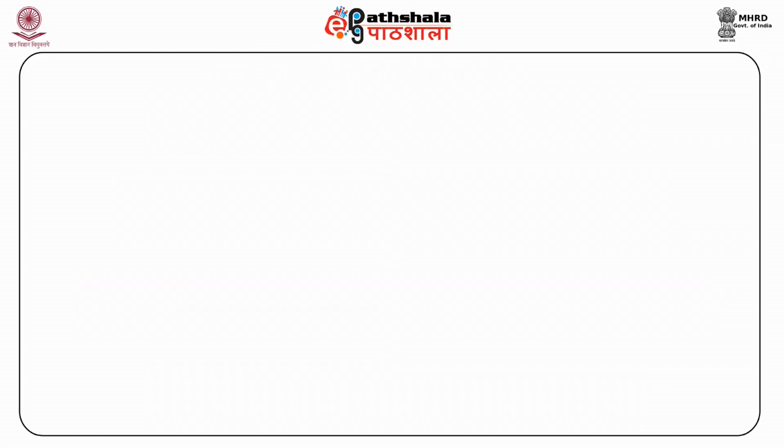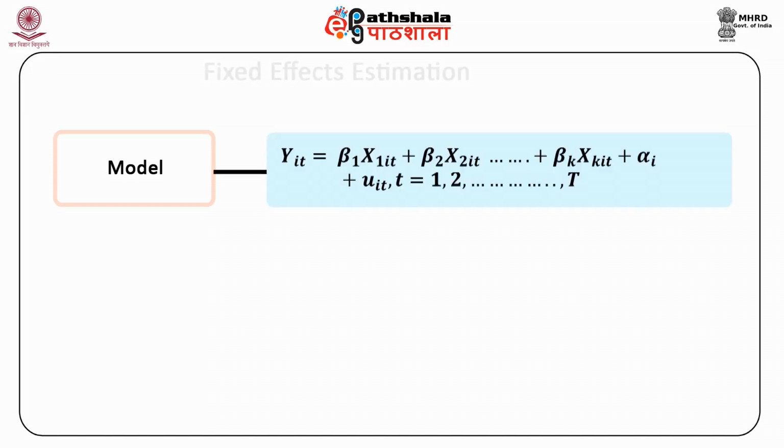If we add more explanatory variables to the equation, it causes a few changes. Let the model be defined as y_it is equal to beta 1 into x1_it plus beta 2 into x2_it, and so on up to beta k xk_it plus alpha_i plus u_it, where t takes the values 1, 2 up to capital T. This is our equation 14.